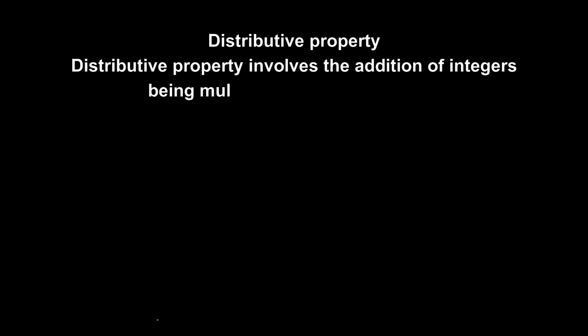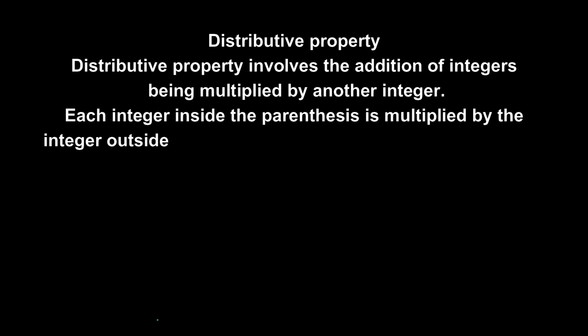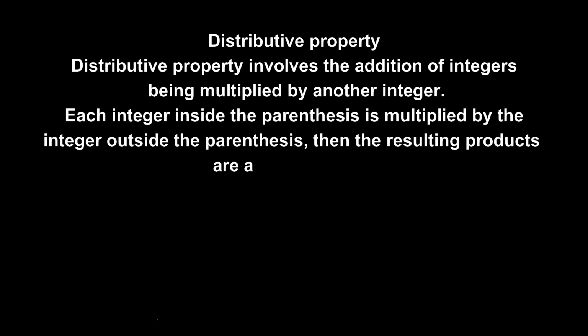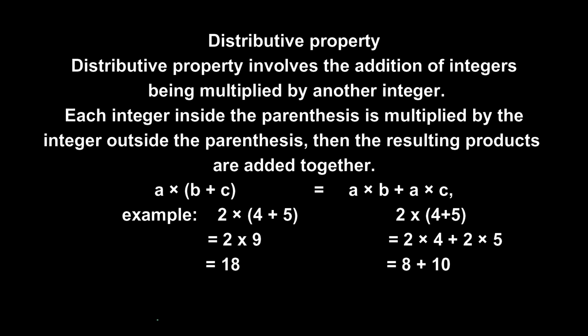Moving to the distributive property. Distributive property involves the addition of integers, which is being multiplied by another integer. Each integer inside the parenthesis is multiplied by the integer outside the parenthesis. Then the resulting products are added together.